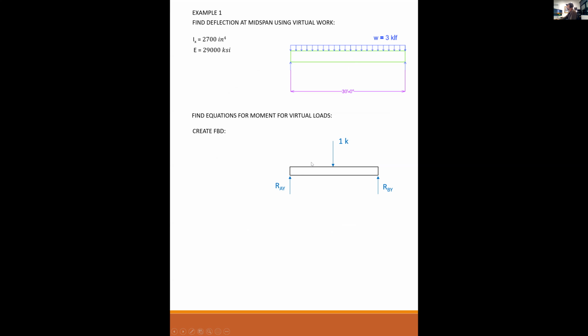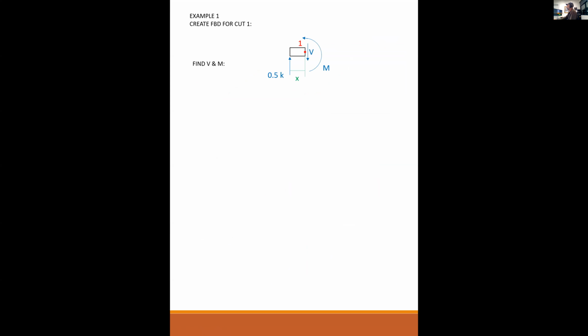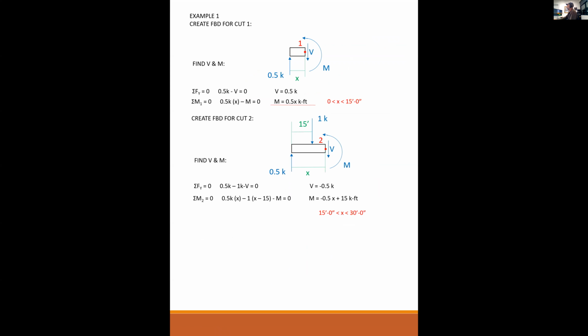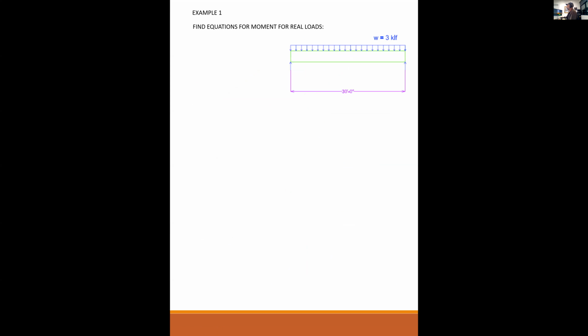We could put it at the quarter point, the third point, wherever it is that we want to know the deflection. We solve for the equations of moment for the virtual load, and then the equations of moment for the real load, go through this procedure, and we would have the deflections due to the real load at that location.